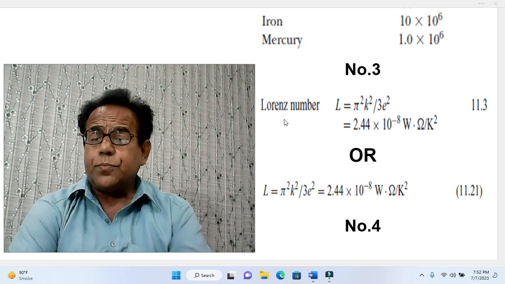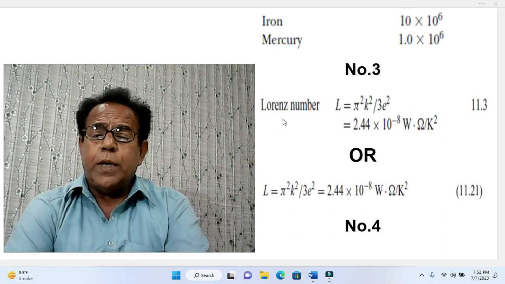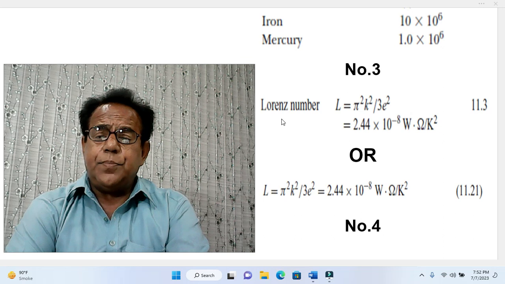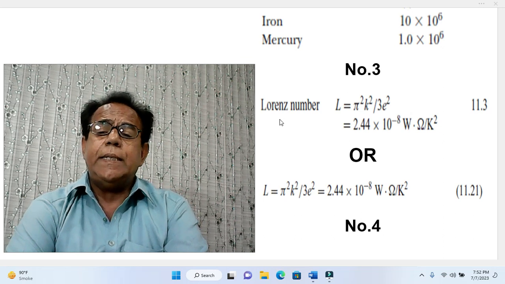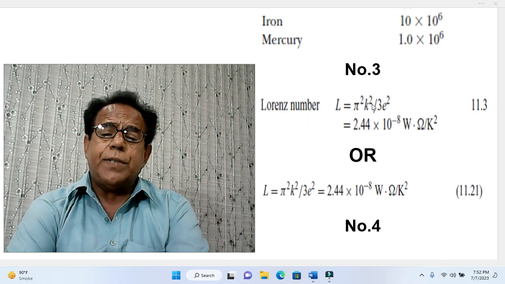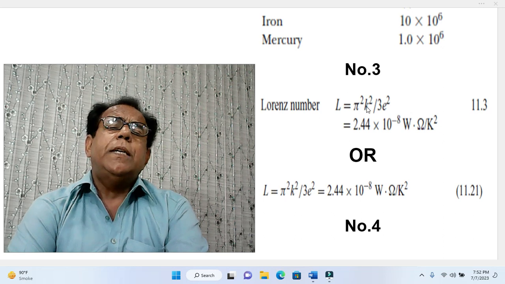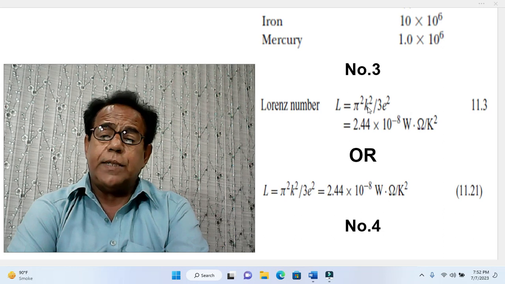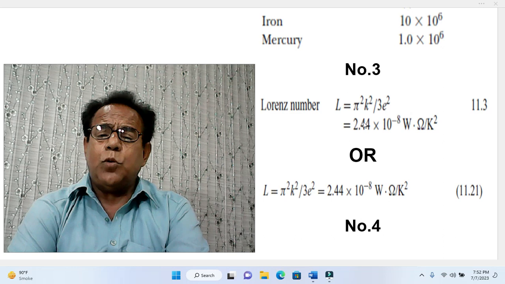Now the Lorenz number is equal to pi square k square over 3e square. All these are constants. The value of pi is 3.14, the value of the Boltzmann constant k is given in the table of physical constants. Similarly, the elementary charge e is also given in the table of physical constants.